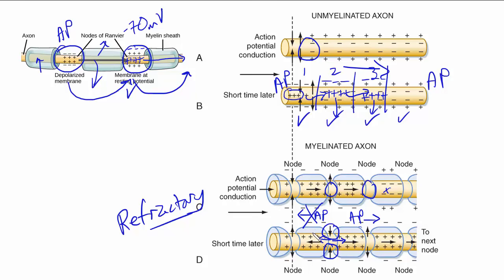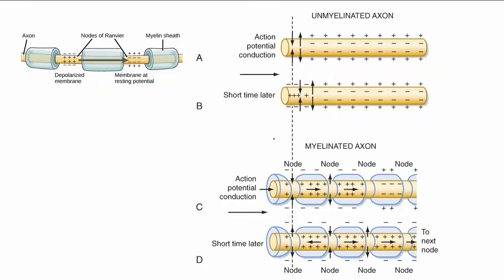By the time the voltage-gated sodium channels are ready for a new stimulus, the action potential here is far down the neuron, and there is not enough sodium to ever make it all the way back. All right, so there we go, propagation.